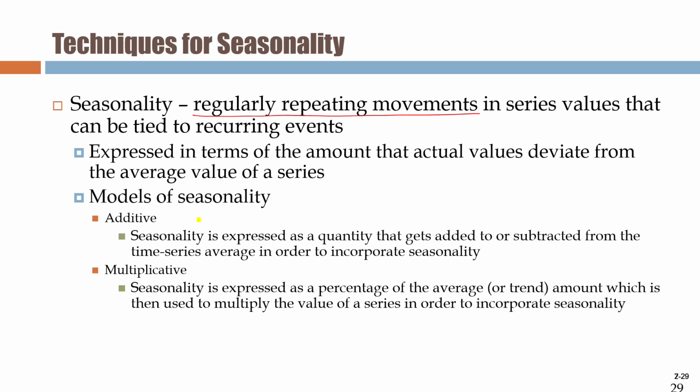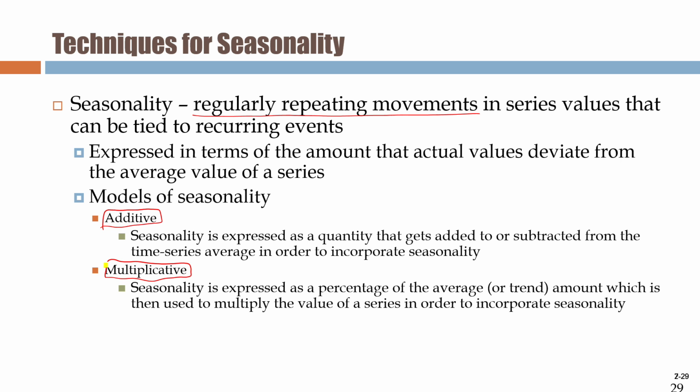Okay, so we can model it two different ways. One is additive, the other one is multiplicative. So additive means every March when the school starts, our sales go up by a certain amount. So every year our sales are going up, but every March we have even more. So every time we sell 5,000 more.